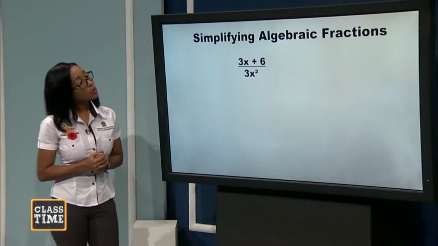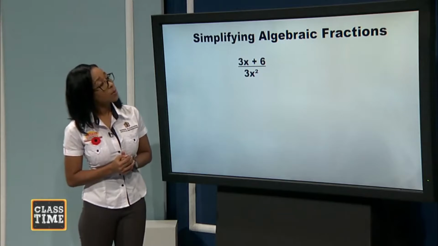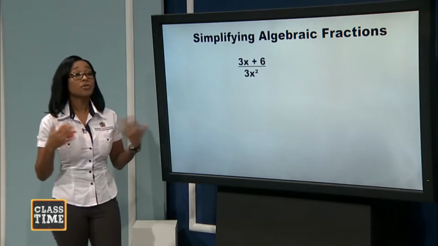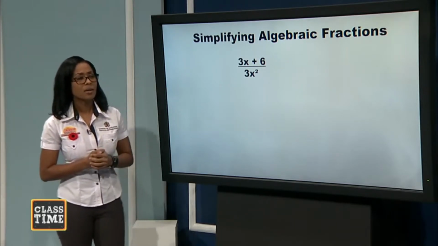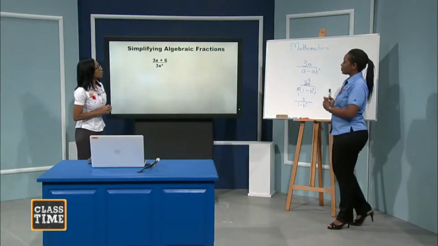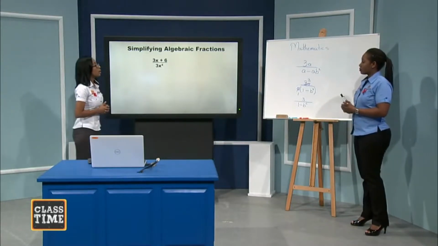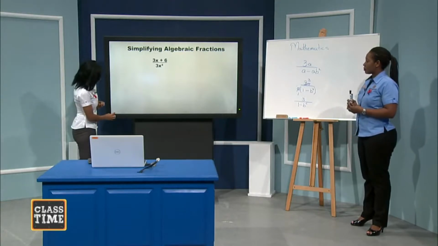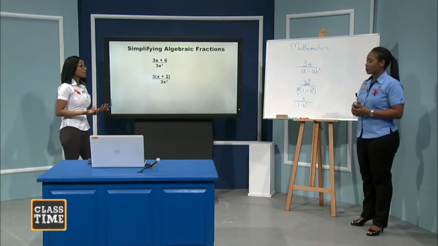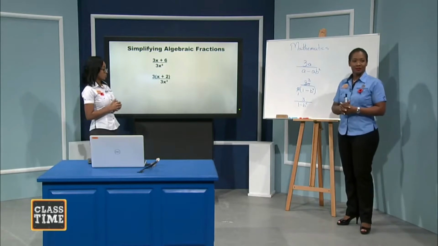If we look at our numerator, our highest common factor would be 3. Do you think I'm correct, Tamika? Yes, you are definitely correct. So we would have 3, open bracket, x plus 2. That would be our numerator, and our denominator would still be 3x squared.